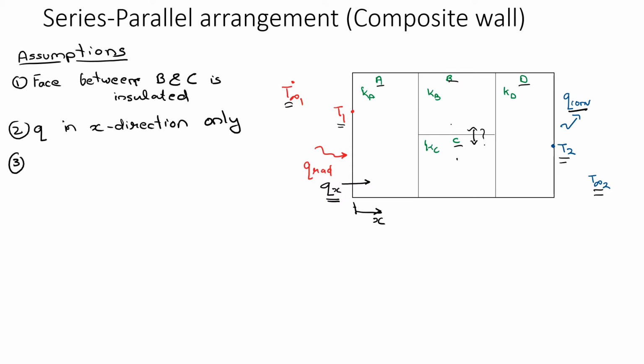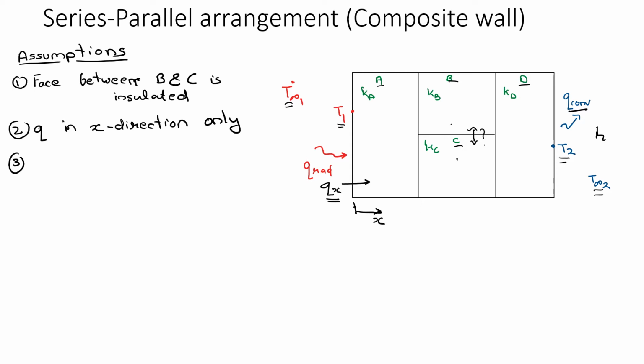Our third assumption is that all properties are constant. So all the thermal conductivities and the heat transfer coefficients are constant and are not a function of any of the quantities like temperature or time.